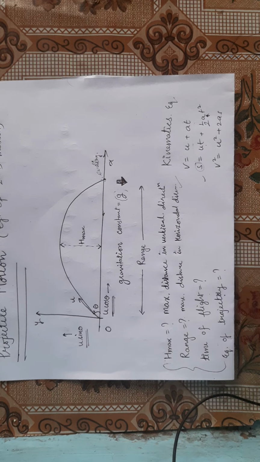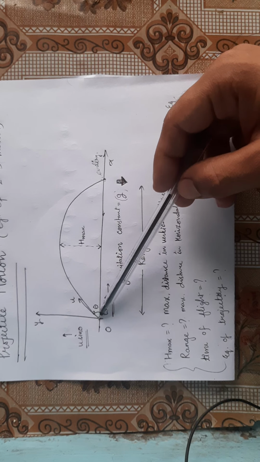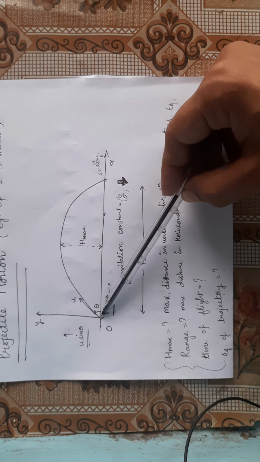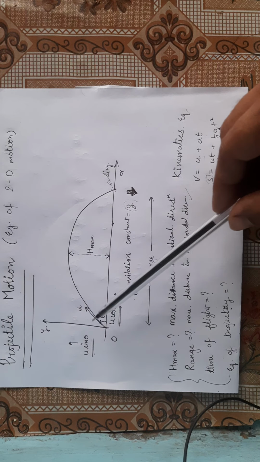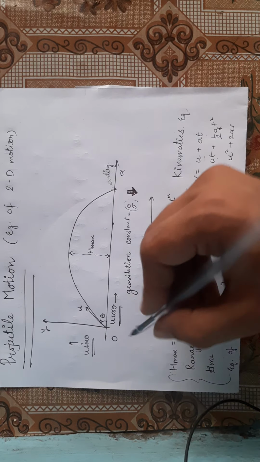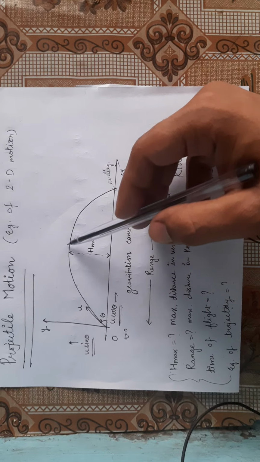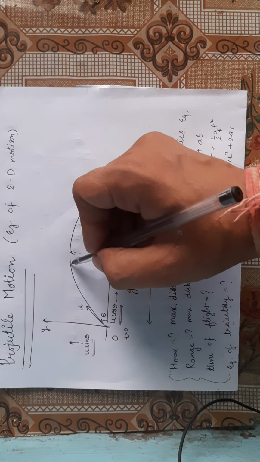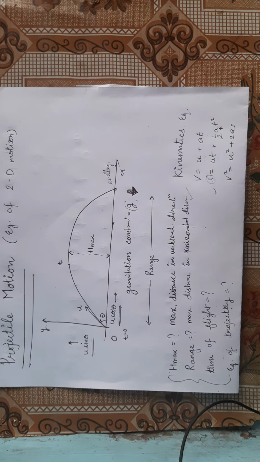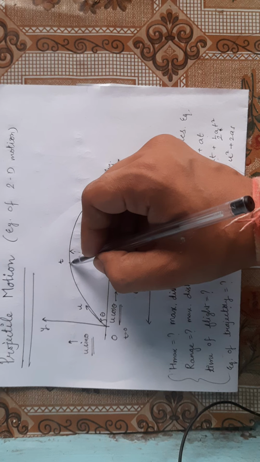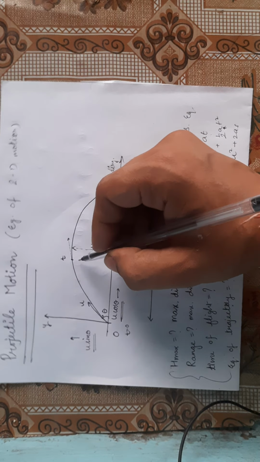And what is the time of flight? Time of flight is the time consumed by the particle to perform the whole projectile motion. Let us assume that when it starts, the time t is equal to 0, and at another point like this, it is at a time t, and the position of the particle will be like this.